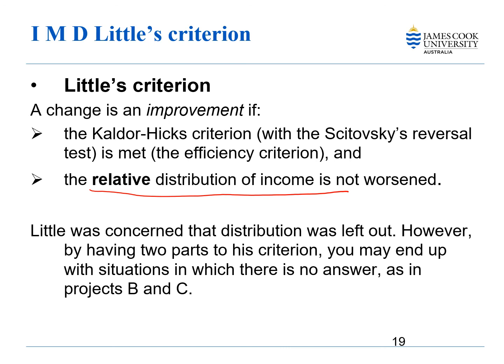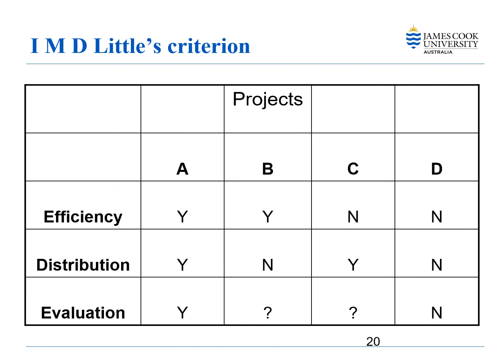However, the downside here is that by having two parts to his criterion, you might end up with situations in which there are no answers. For example, like this. We have 4 projects, A, B, C, D. Project A is efficient, passed the efficiency test, the Kaldor-Hicks test, and it does not worsen the income distribution or the inequality issues.